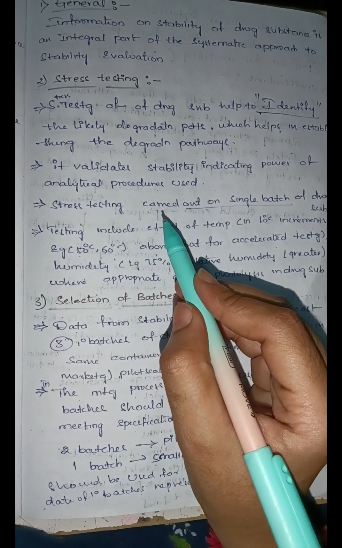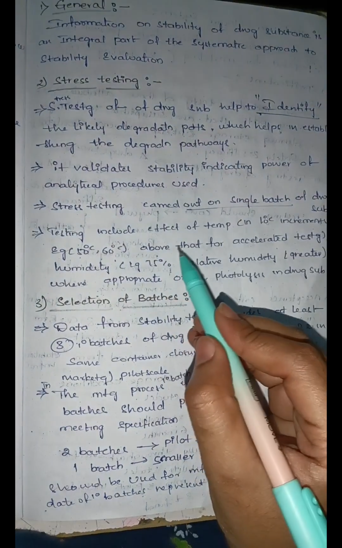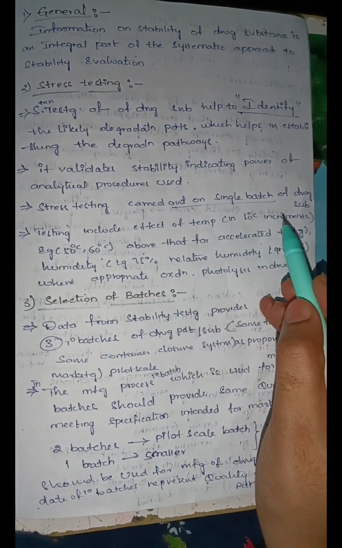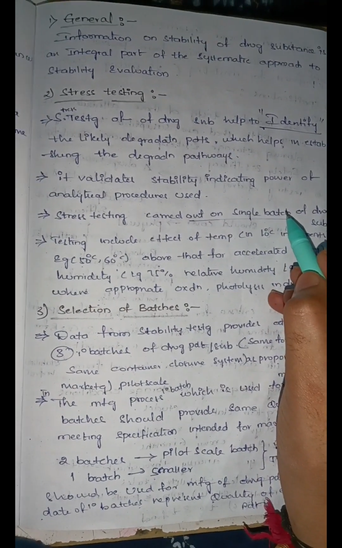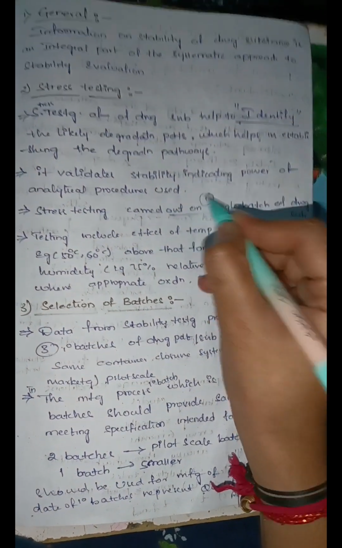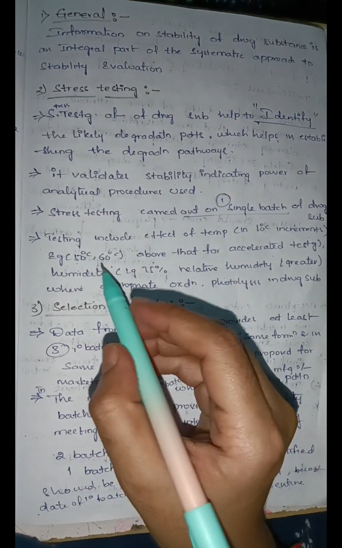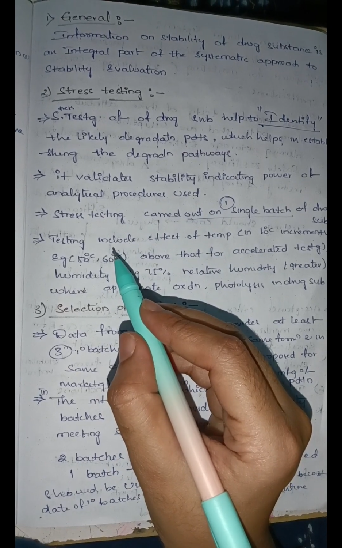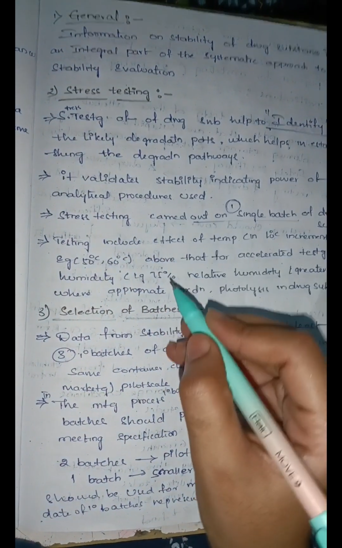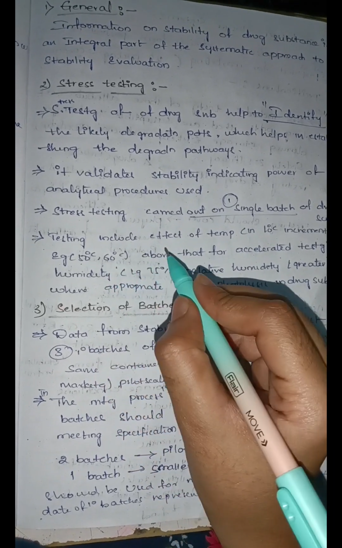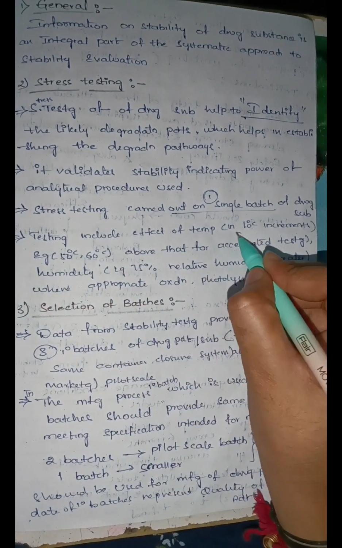Stress testing is mainly carried out on a single batch of drug substance. Here we are performing stress testing on only one batch. Stress testing includes the effect of temperature, by increasing in 10 degrees Celsius increments such as 50 degrees Celsius, 60 degrees Celsius.